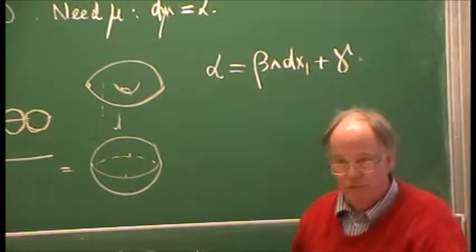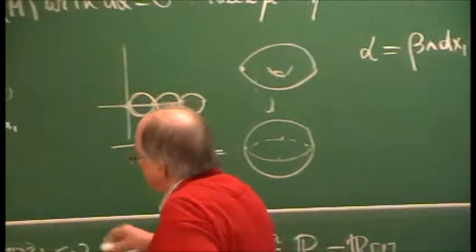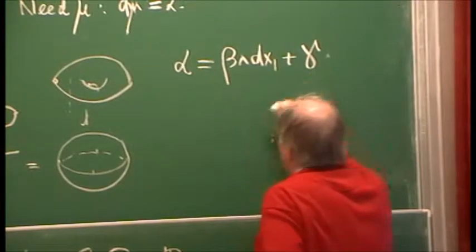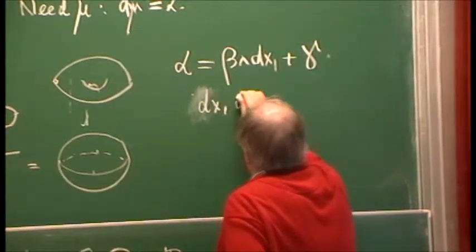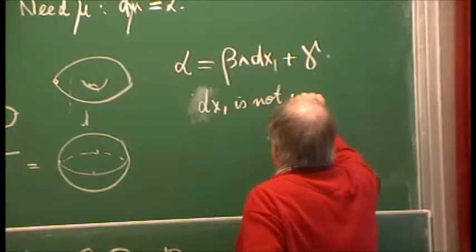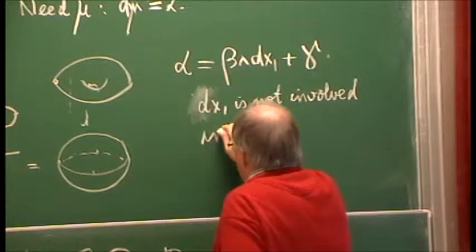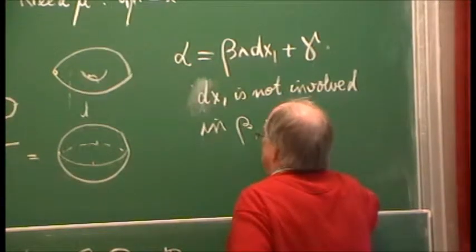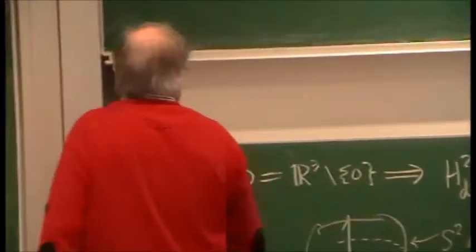So you have the stuff that has dx1 in it, and that's going to be important for our integration from here to here, and then you have the stuff that does not have dx1. So dx1 is not involved, by the way, in either one, in beta and gamma. And somehow, this is going to be useful, we think.